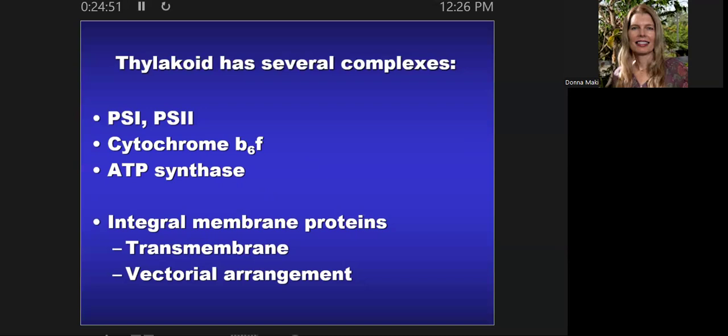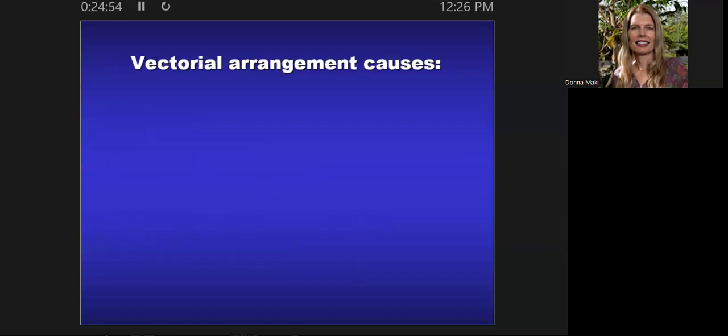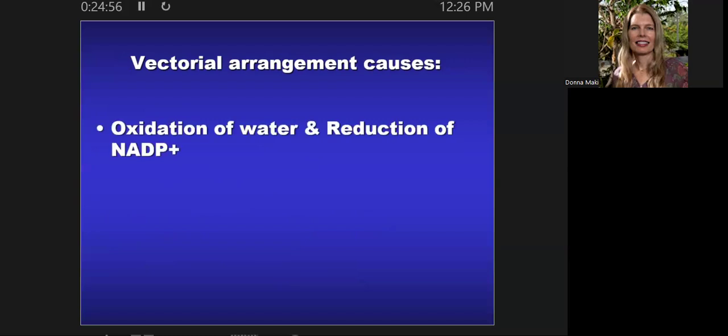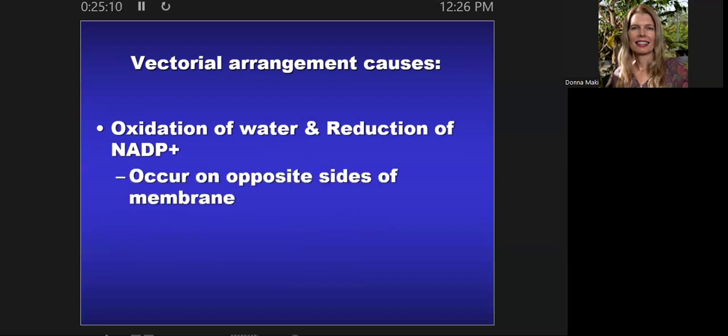And so it's well designed, and that will make more sense as we work through this a little bit more. Basically, this vectorial arrangement allows for water to get stripped of electrons in one part, and then NADP+ to get reduced in a separate part. So they're occurring on opposite sides of the membrane. And that's actually important, and you'll see why as we work through this.